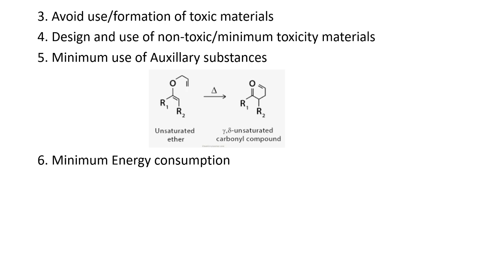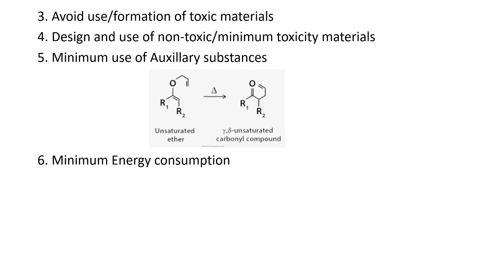So according to this principle, in order to make the process more economic, it is necessary to reduce the energy consumption. That is a very important aspect, because while creating the energy, what are the various non-polluting energy sources?